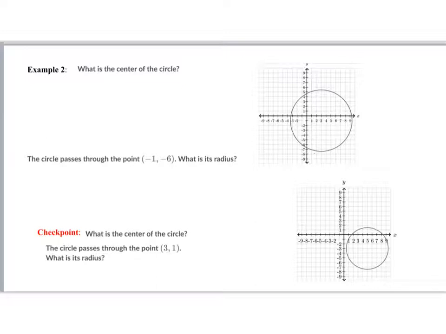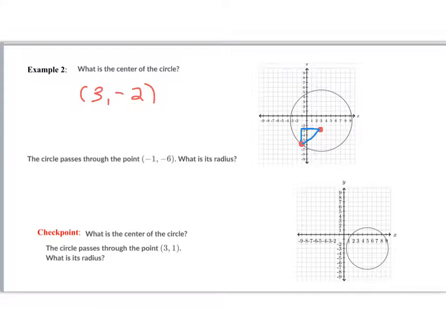Okay, what is the center of the circle? Here we're just kind of guessing, and it looks like it's about (3, -2). Now, it says that the circle passes through (-1, -6). So if we want to find this distance, we're just going to do a right triangle.